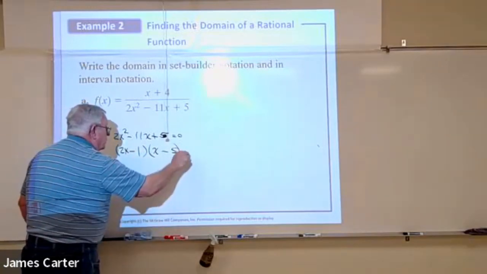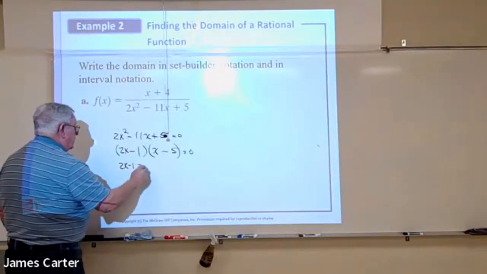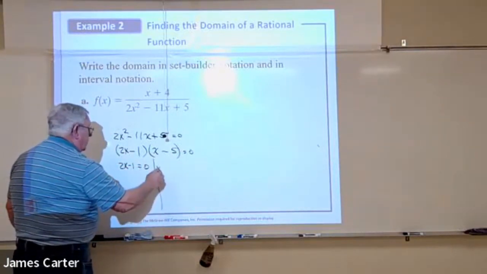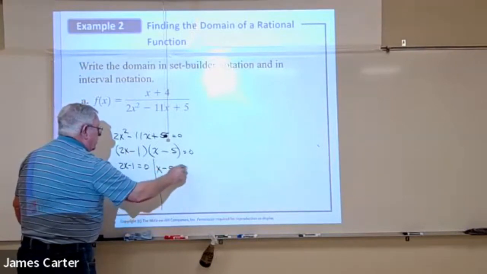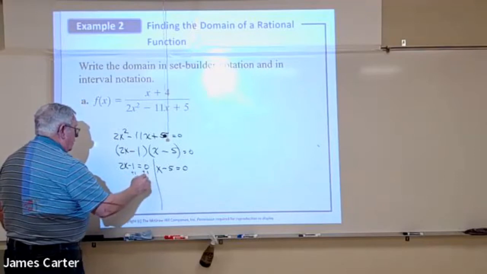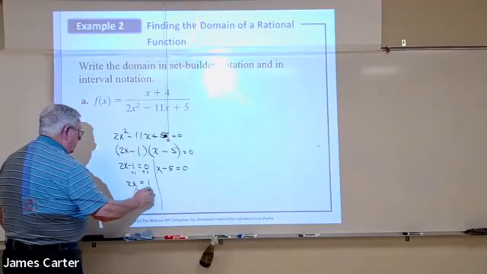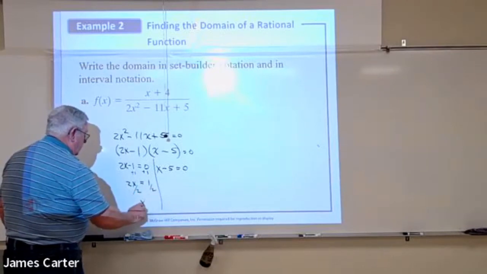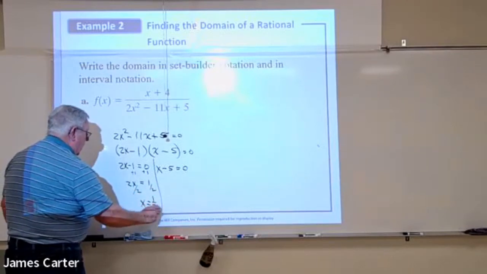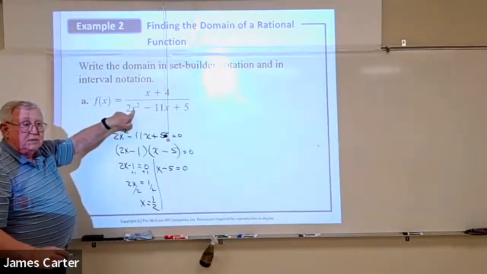Now, equals 0. So we take the 2x minus 1 equals 0. And we take the x minus 5 equals 0. Plus 1 plus 1. 2x equals 1. Divide by 2, divide by 2. X equals 1/2. That means we can't use x as 1/2 in this problem.